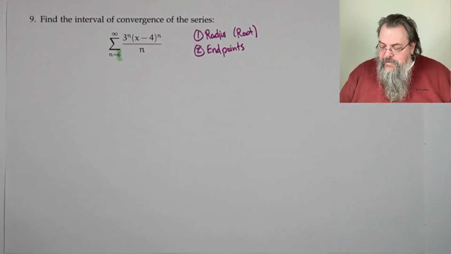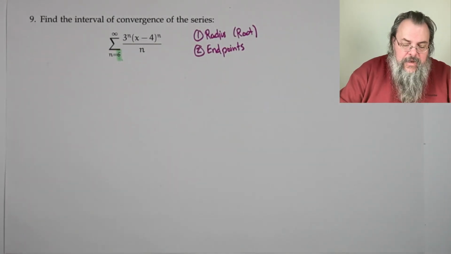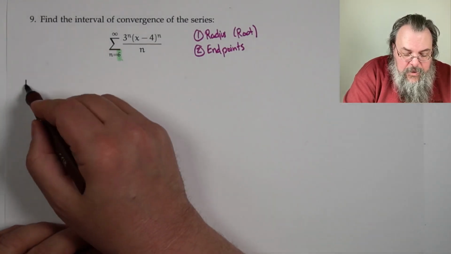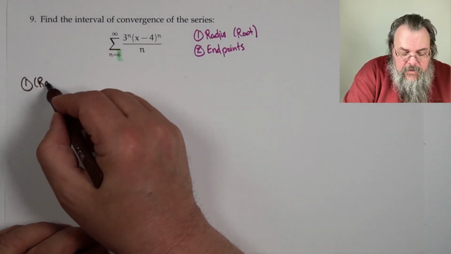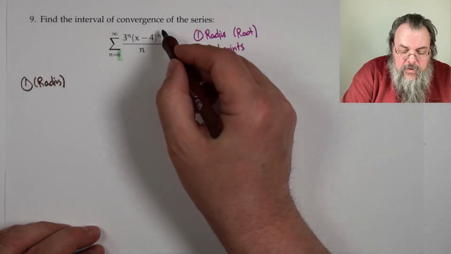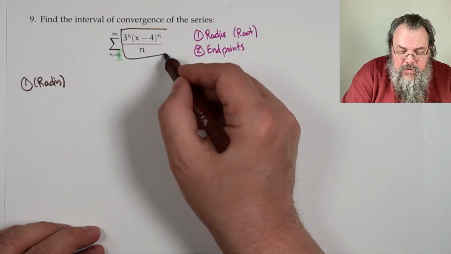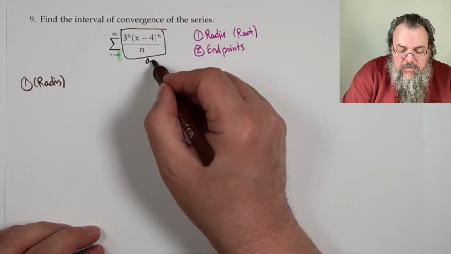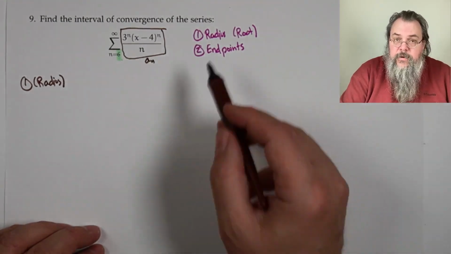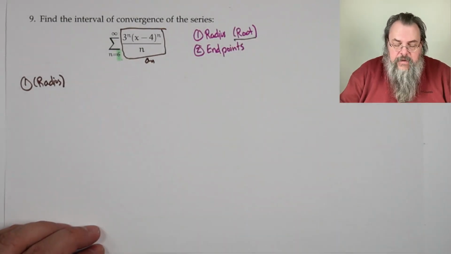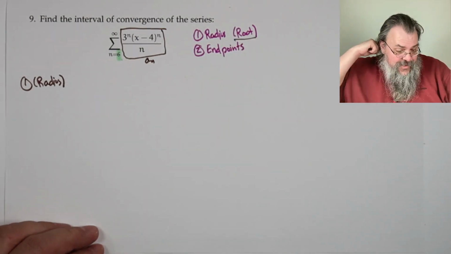All right, so let's begin with step 1. We're after our radius. Think of this whole thing as your a sub n when we apply root or ratio, and here we're going to do the root test. Sometimes you do the ratio test.